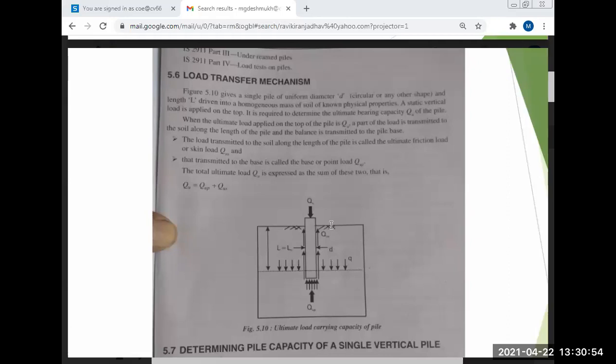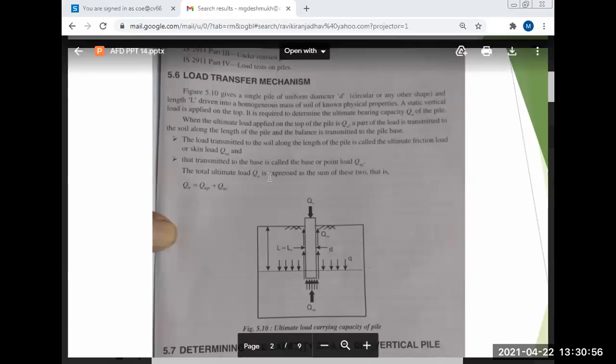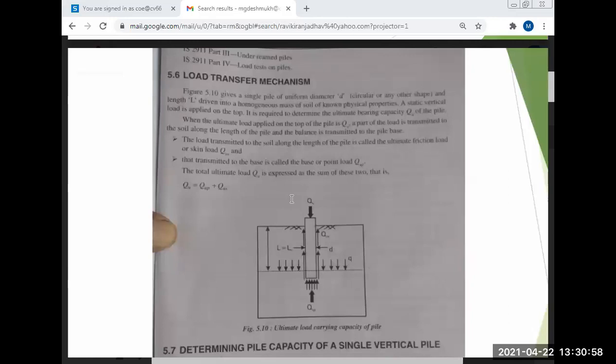Please, one minute I will give you. You take down this figure and this formula also. This is very important. And next we will go to the different methods of finding ultimate bearing capacity of a pile. You take down the figure, please.